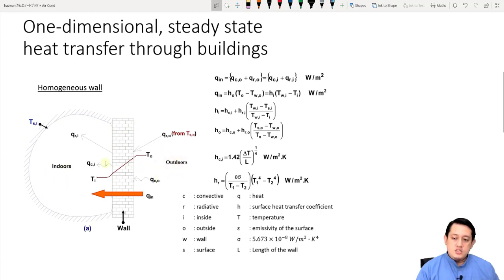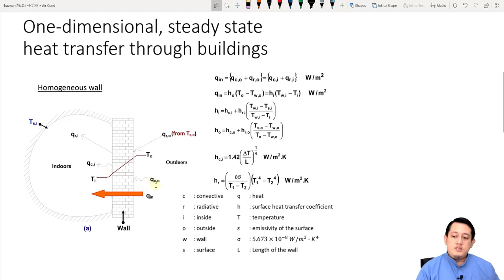In this condition, the temperature of the outdoor is higher than the temperature of the indoor. Convection is heat transfer from a higher temperature region to a lower temperature region, so the heat from the outside will be transferred to the inside, which is why the direction of the heat is like this.